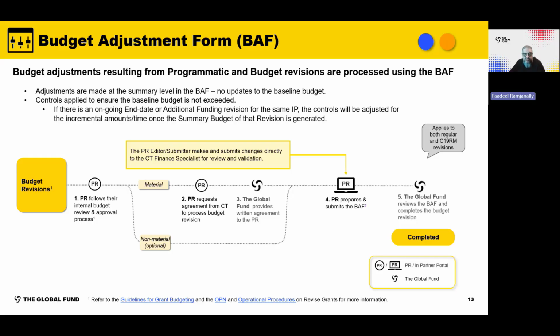So this just gives you an insight as to how it works. As PRs, you will follow your own internal budget review and approval process, meaning that when you have determined that there are savings you want to reinvest, or new priorities have come in and you need to move additional investments into one category, then as usual you will have to determine whether it is a material or a non-material budget revision.